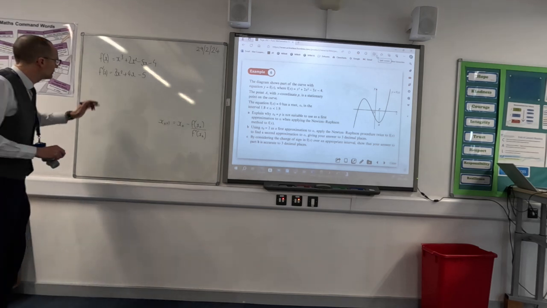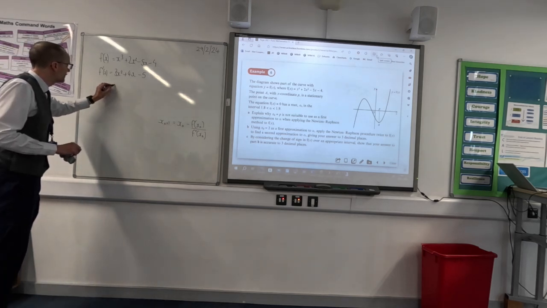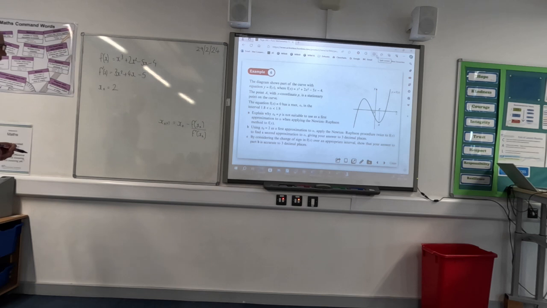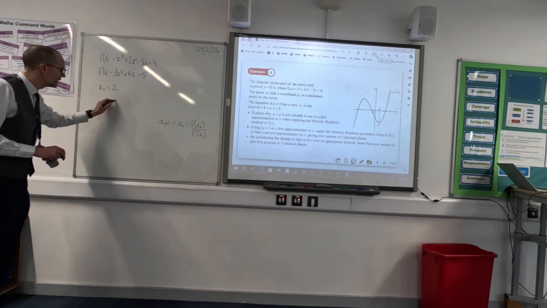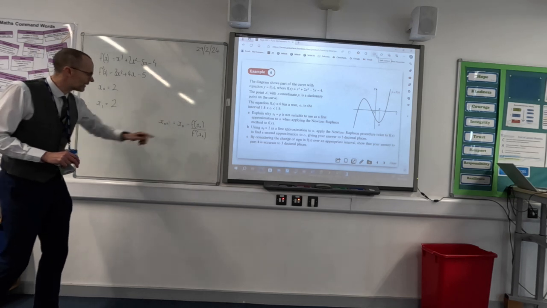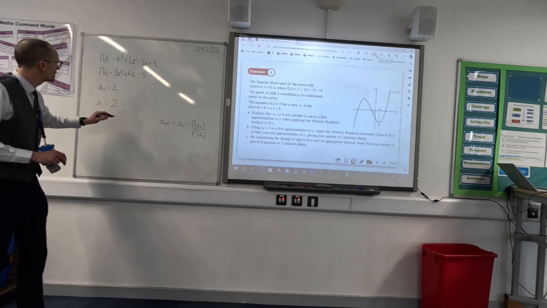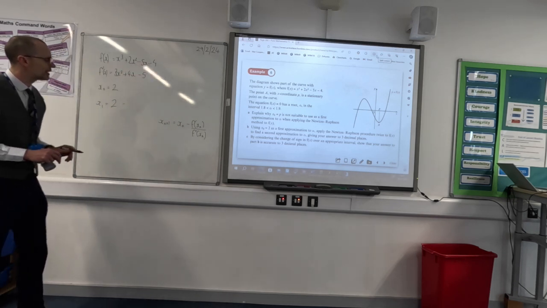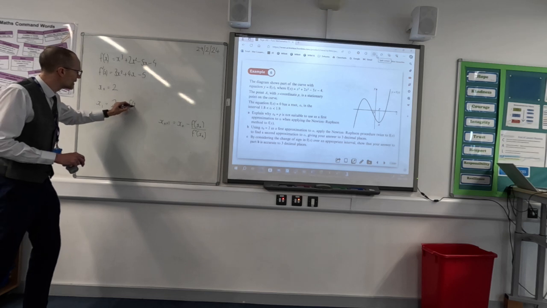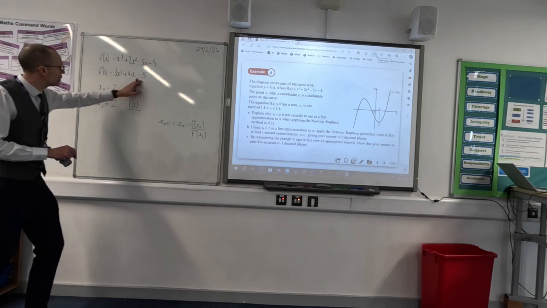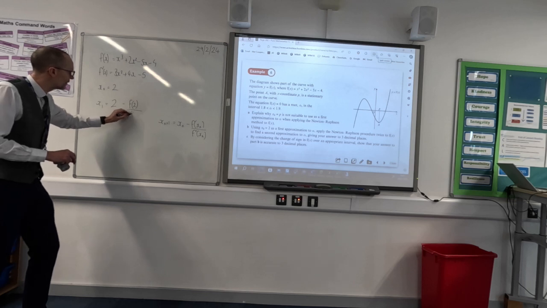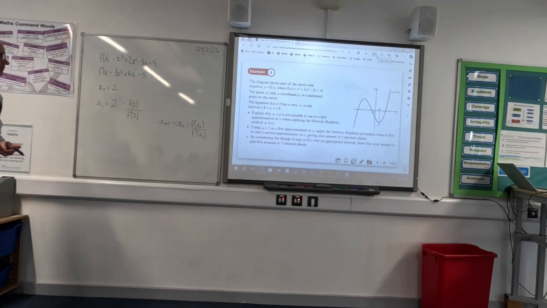My first value is 2. So my second value will be 2, the current value of x, minus 2 substituted into the original function, which I'm going to write as f of 2, divided by 2 substituted into that, which I'm going to write as f dash of 2.